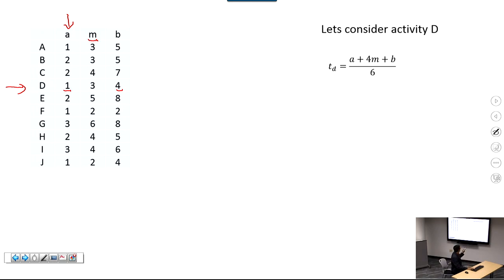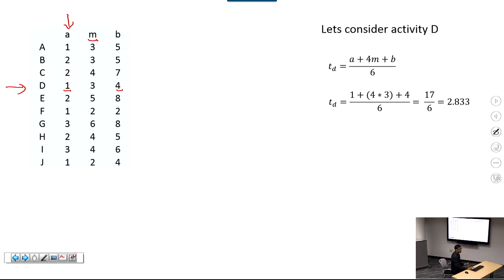The formula for the expected time is (A plus 4M plus B) over 6. With A is 1, M is 3, B is 4, I put the numbers in and the expected time is 2.833.